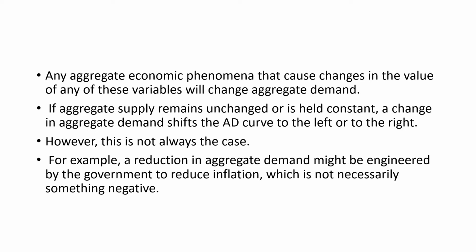It depends on whether the factors affecting aggregate demand are increasing or decreasing, or whether they are changing favorably or unfavorably. However, this is not always the case. For instance, a reduction in aggregate demand might be engineered by a government to reduce inflation, which is not necessarily something negative, right? So there can be instances like these as well.